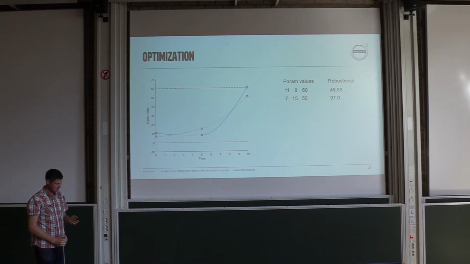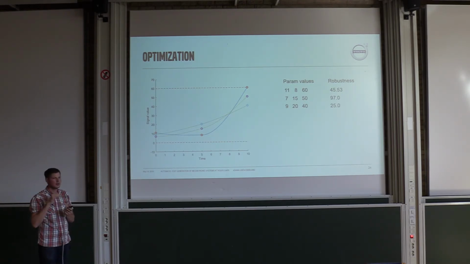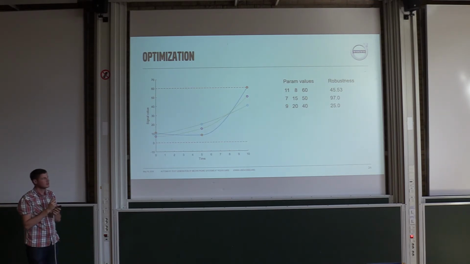Then the optimizer, depending on the algorithm, decides on getting something else, switches the values in some other way, and given enough iterations and a good search algorithm, we can only hope that we will go towards lower robustness values, because what we want to find is a negative one. Then we have a counterexample.